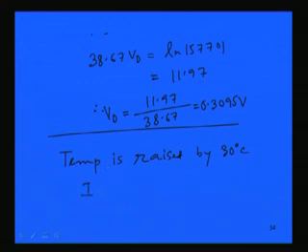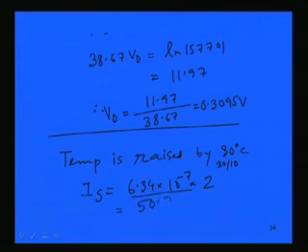So, the new saturation current: earlier it was 6.34 into 10 to the power minus 7, and that will now be increased by a factor of 2 to the power 30 by 10, means 2 to the power 3, so 8 times. This 8 times 6.34 into 10 to the power minus 7 becomes 50.72 into 10 to the power minus 7 ampere, the new reverse saturation current.